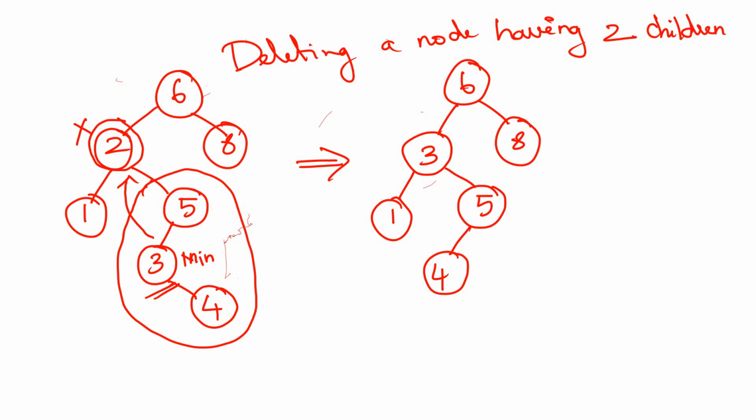So when this happens, suppose here I need to delete the element 2. I am having two children. So first thing I need to identify the minimum of the right subtree. So minimum of 5, 3, 4 is 3. So I have to detach 3 and replace it in place of x. So my resultant tree will be looking like this.